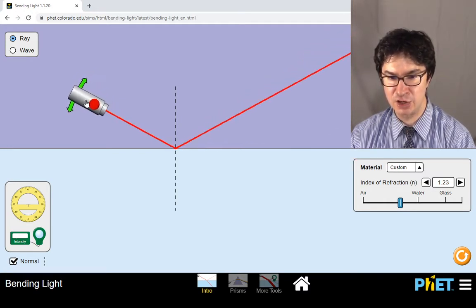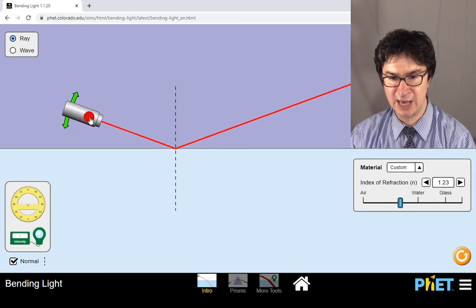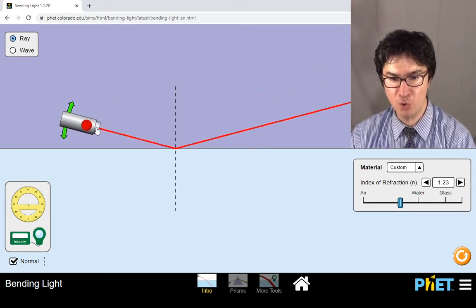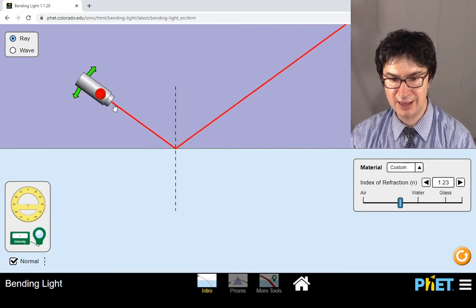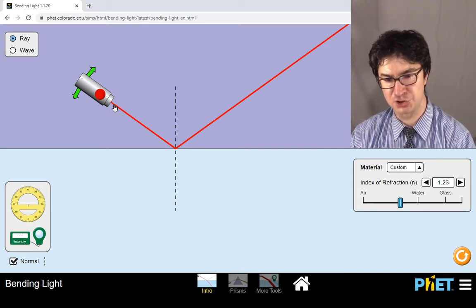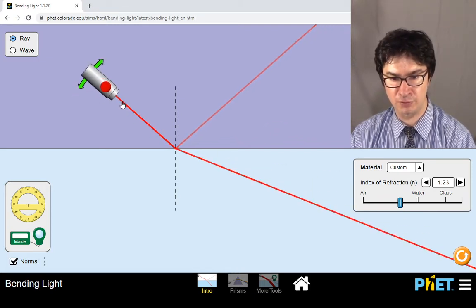But beyond that, notice that all of the light is now reflected back into the first material. There's no refraction into the new material. So there's some critical angle right there, that's the critical angle right there, at which no light passes into the new material. All of it reflects back.